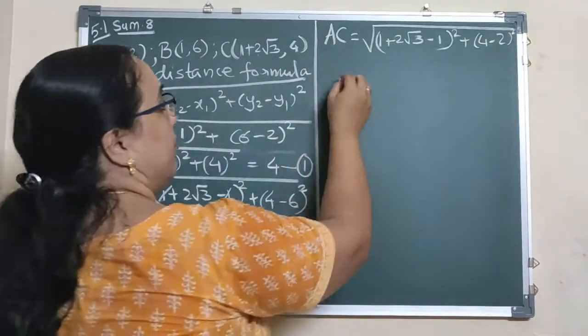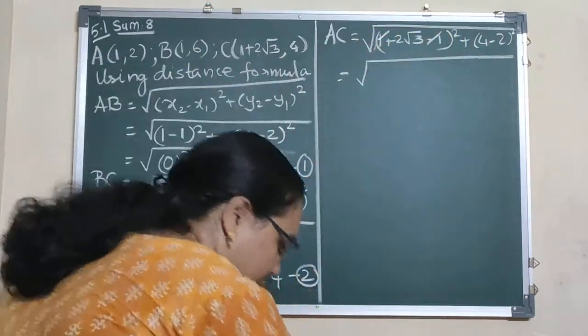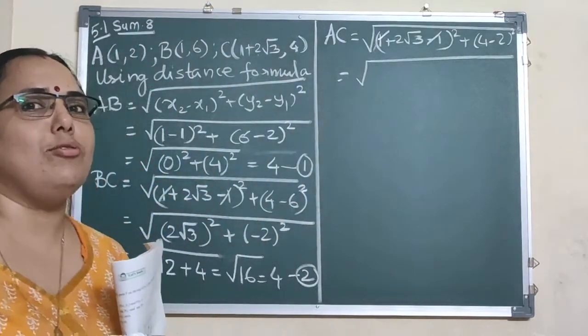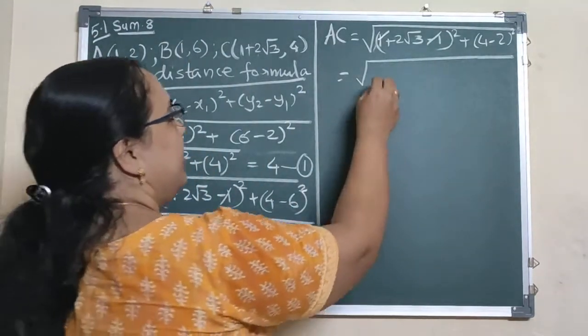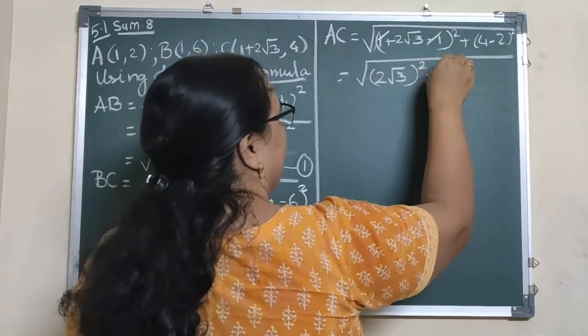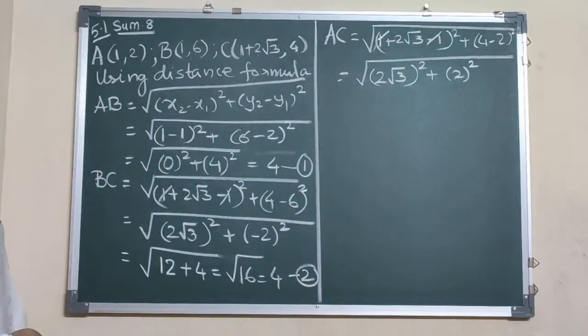So what do we have, girls? Here plus 1 minus 1 gets cancelled. 2 root 3 square plus 2 square. So what do we get?